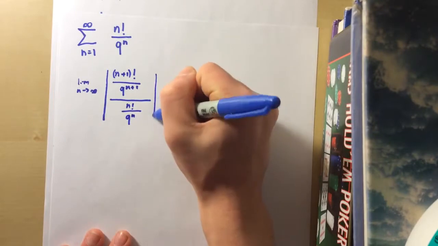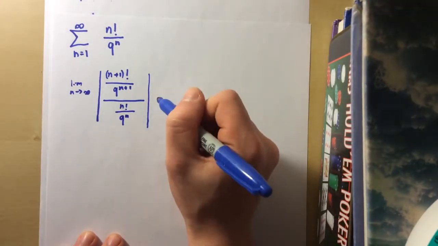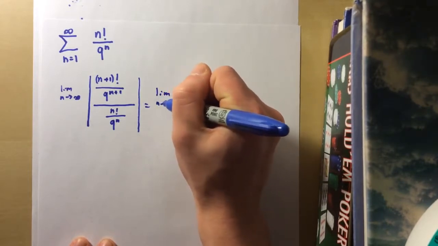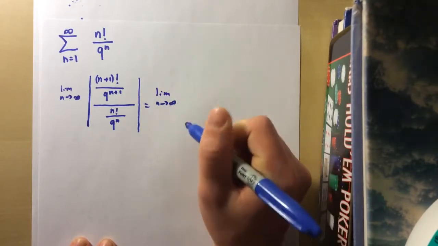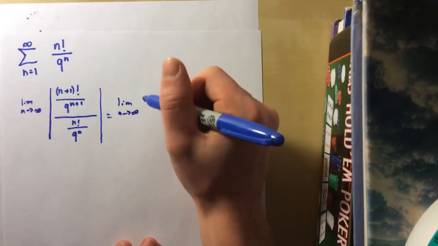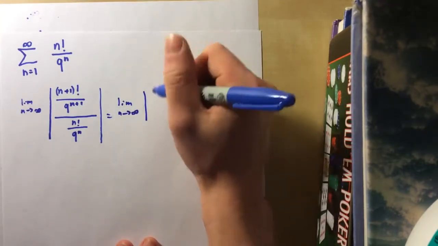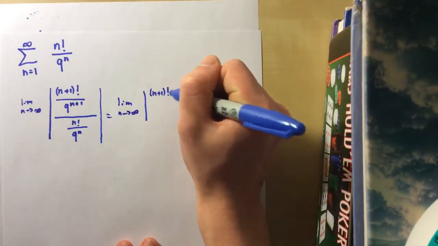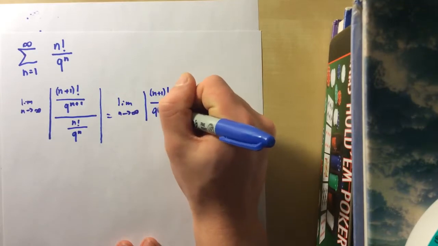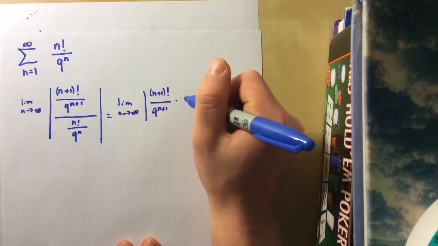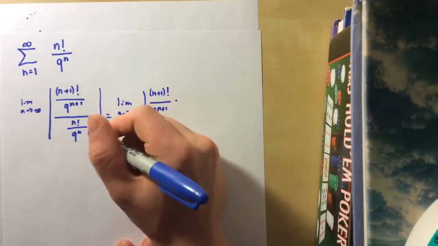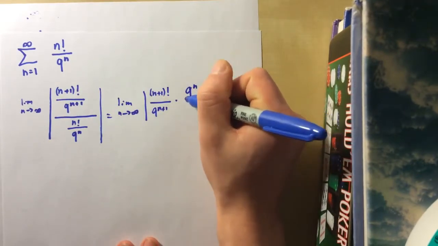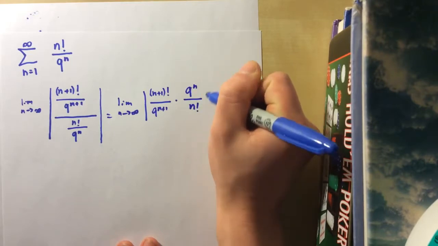When we're dividing by a fraction, it's the same as multiplying by its reciprocal. So this is equivalent to the limit as n approaches infinity of n plus 1 factorial over 9 to the n plus 1, multiplied by the reciprocal, 9 to the n over n factorial.